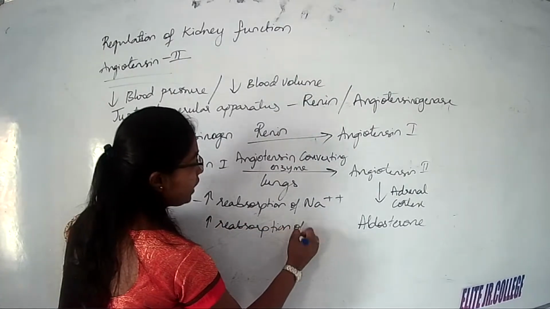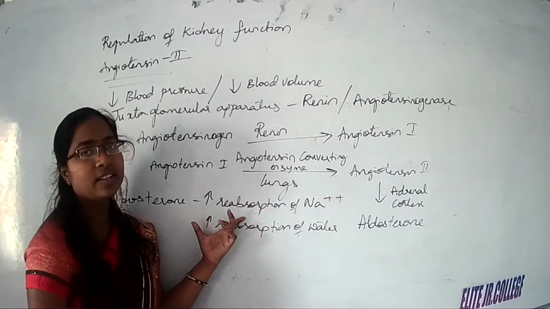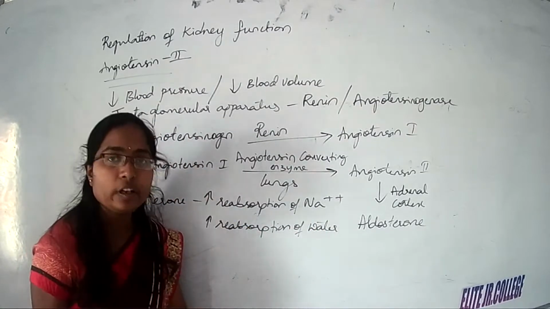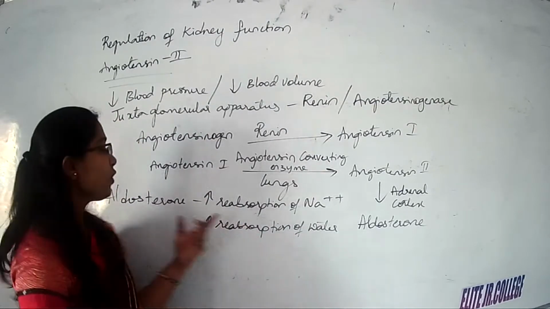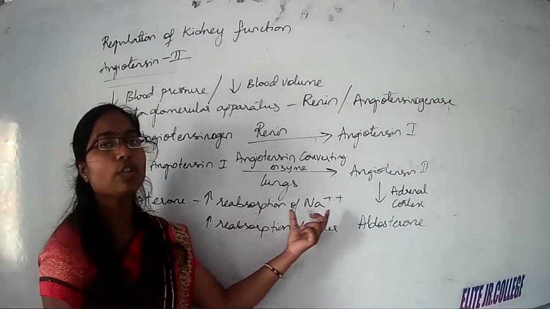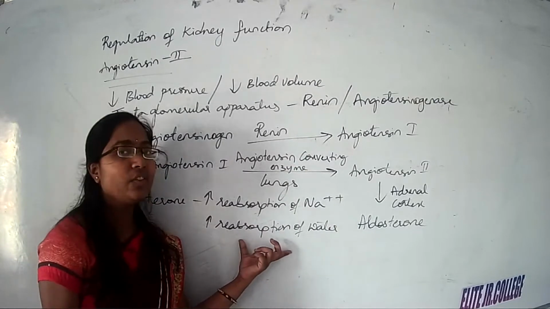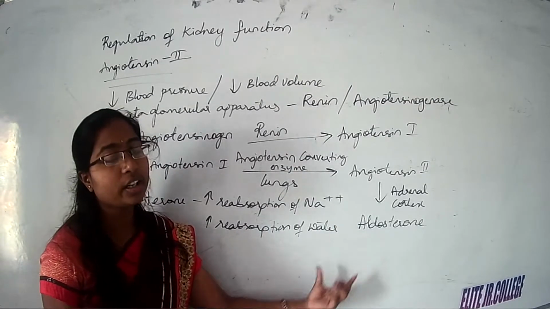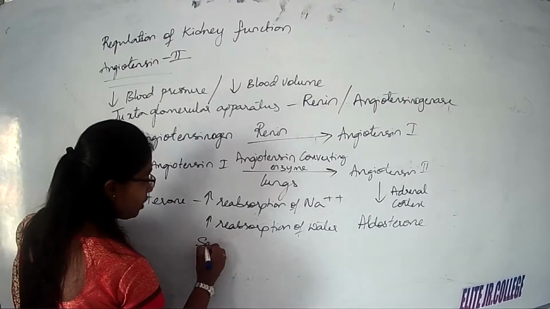Whenever there is increase in the reabsorption of sodium, then definitely there will be reabsorption of water also. So the aldosterone causes increased reabsorption of sodium from the renal tubules, as a result of which there is even an increase in the reabsorption of water.